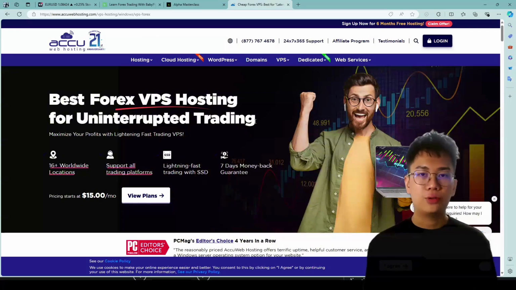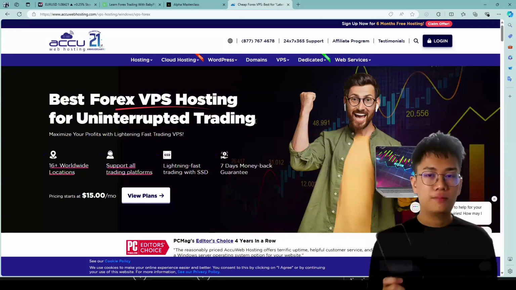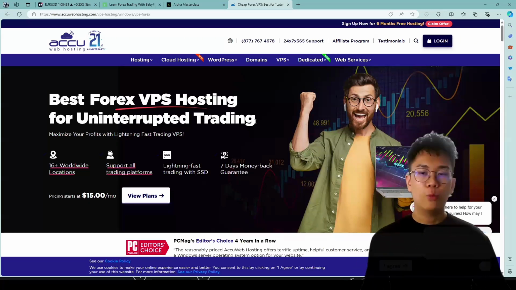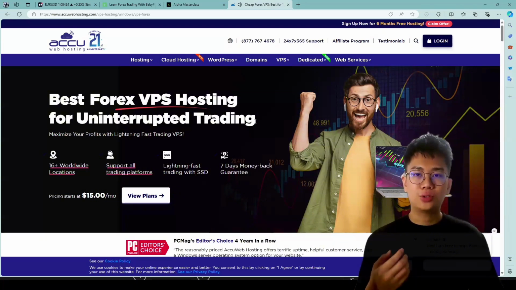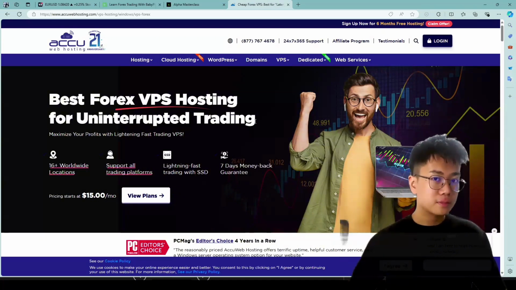And even if you don't have a computer, you can have the VPS downloaded onto your phone, allowing you to trade anywhere using your phone, which is very convenient.